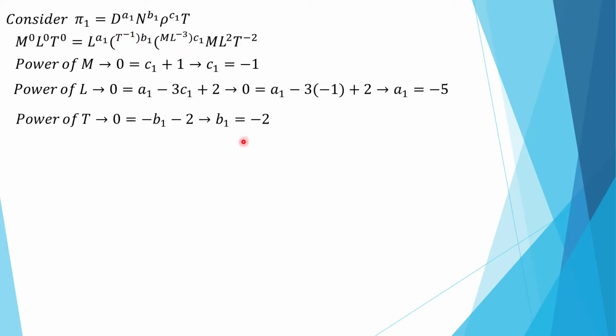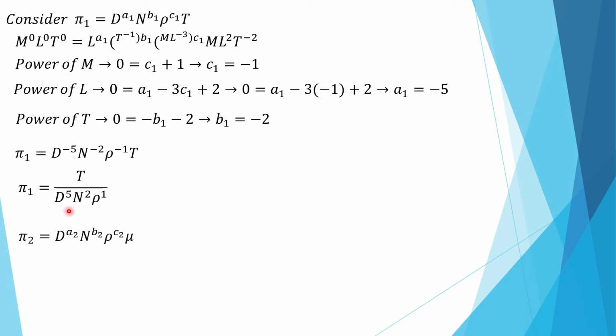So you can get the value of b1 as minus 2. Now substitute the values of a1, b1, c1 in the pi 1 equation, and the negative powers bring to the denominator. So it will become T divided by d power 5 n square into rho. This is the pi 1 term.